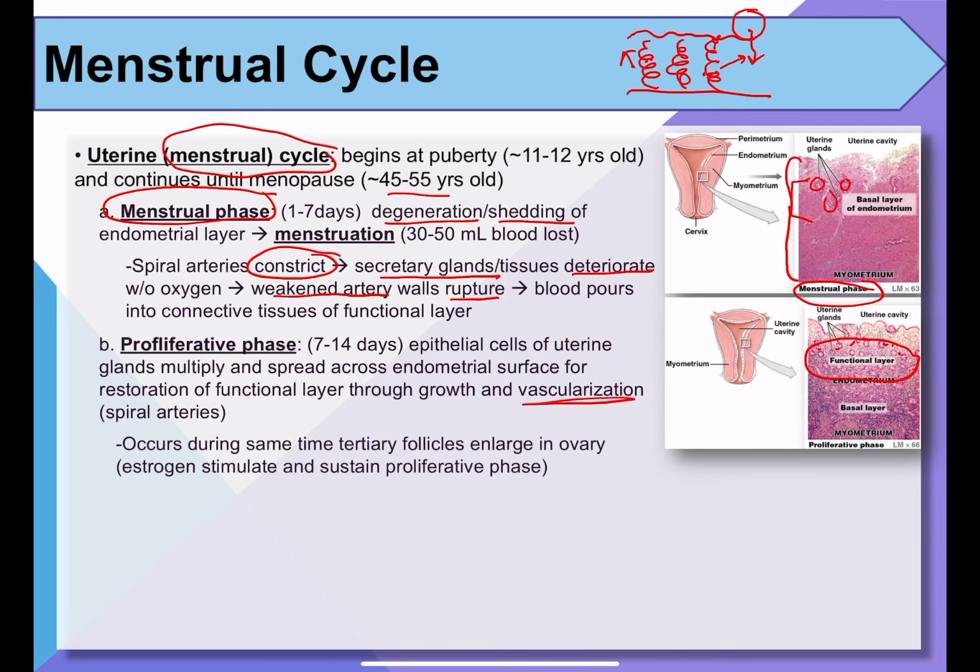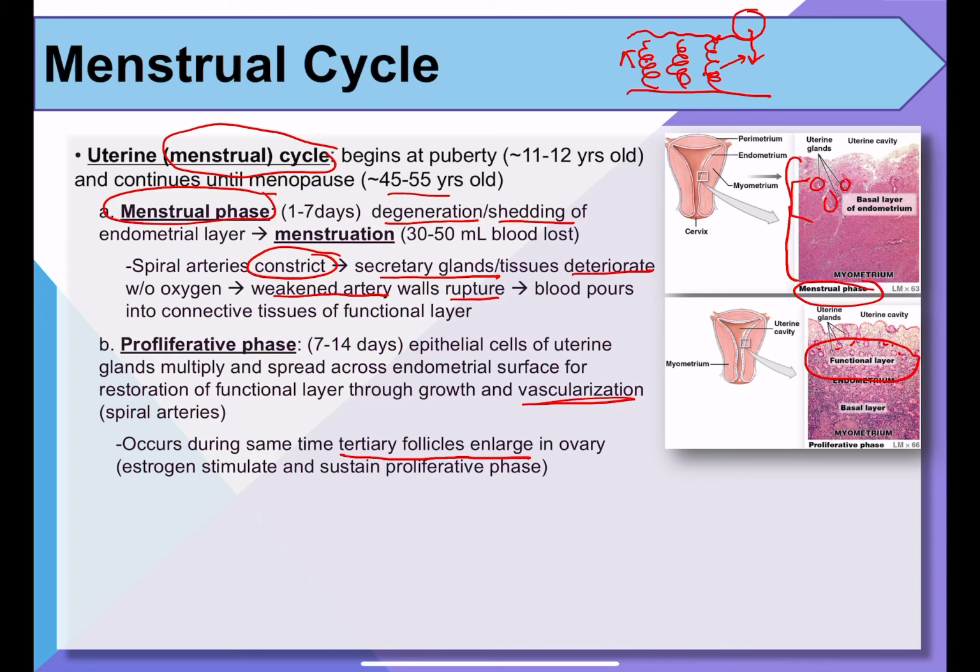Now, the proliferative phase occurs about the same time as when tertiary follicles enlarge. Remember, when that tertiary follicle starts to enlarge during the follicular phase, this is when your body is saying, we're about to ovulate an egg, you better prepare for potential implantation in case there is a fertilization.